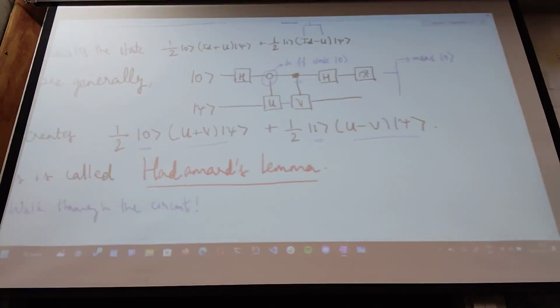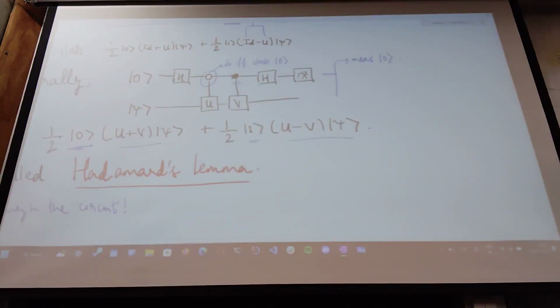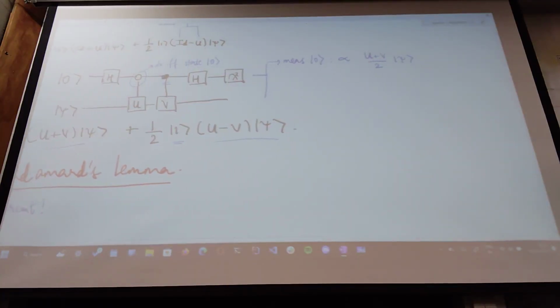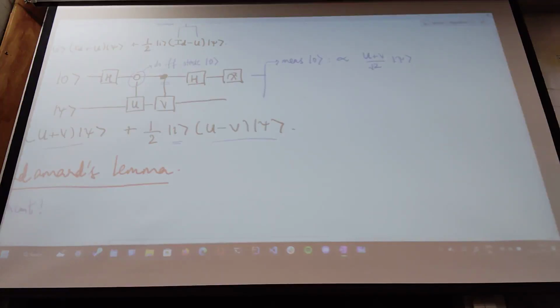So if you measure 0, it's equivalent to projecting it and considering only the states where the first qubit is in the state 0. So once you measure 0, the outcome would be a normalization of U plus V over 2 applied to psi. And if you do the normalization, you will see that this is actually square root 2, but that's fine.